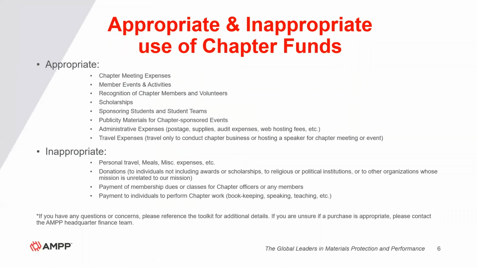This could include postage, supplies, if you have audit expenses in your year, if you have a website, your web hosting fees, and then other miscellaneous expenses. And then travel expenses, but this is travel only to conduct chapter business, or if you're hosting a speaker for your chapter meetings or events, their travel expenses.